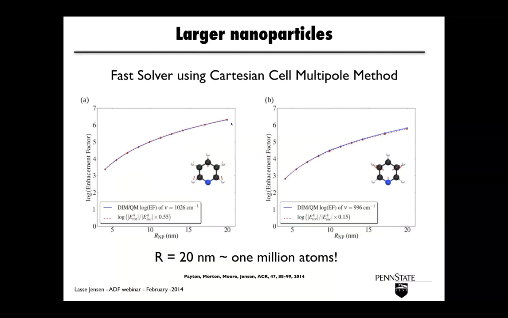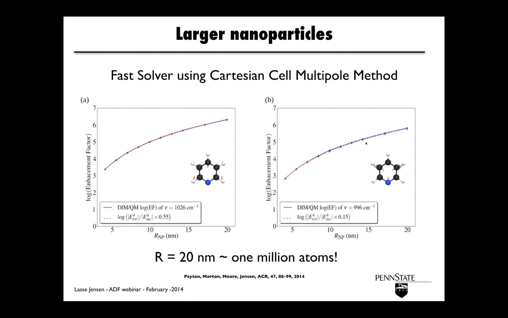We see here in blue the DIMQM calculations for both these modes, and here in the straight line, with perfect agreement, is the local field felt by the molecule at the nitrogen atom in this case. And you see that each of these has a different scale factor, again, because the molecule actually feels the field differently depending on these vibrational modes.